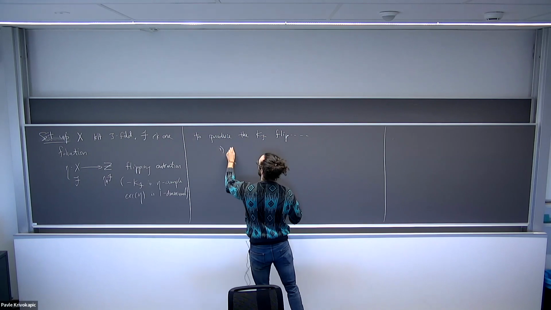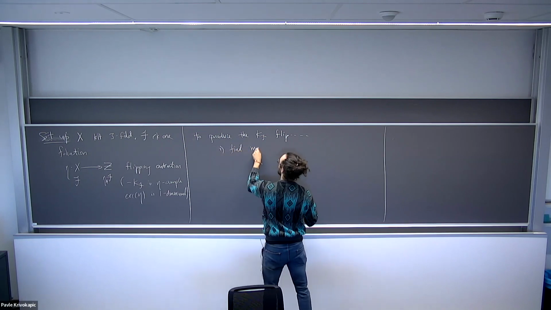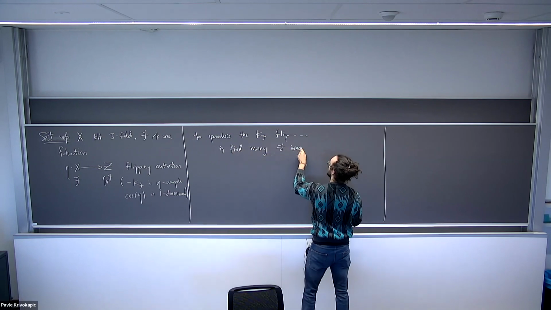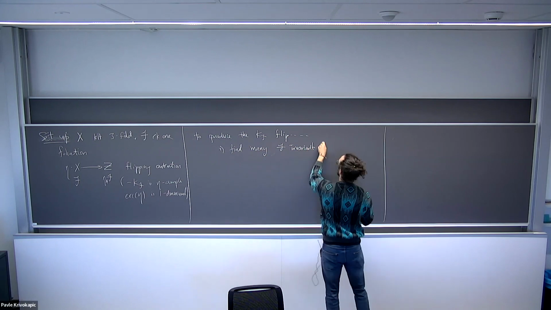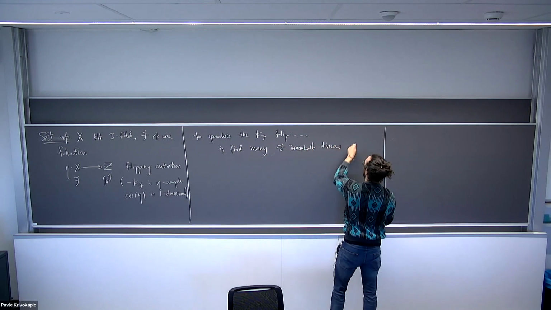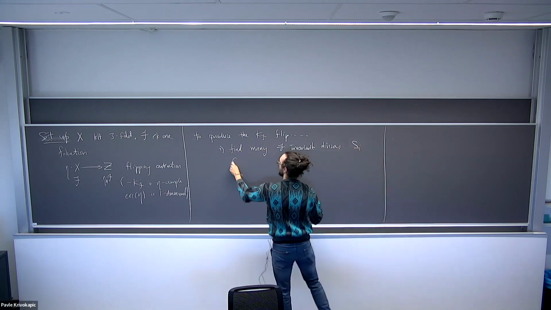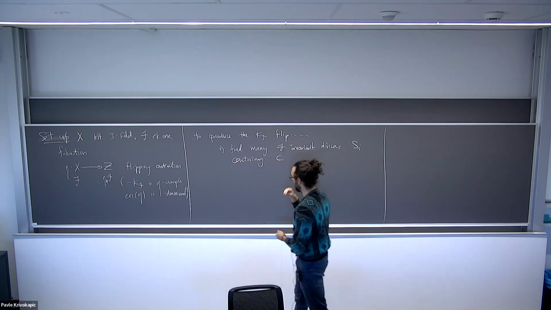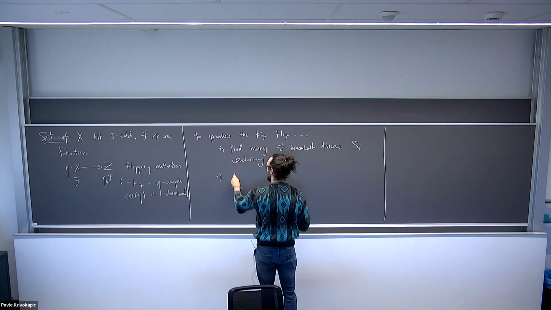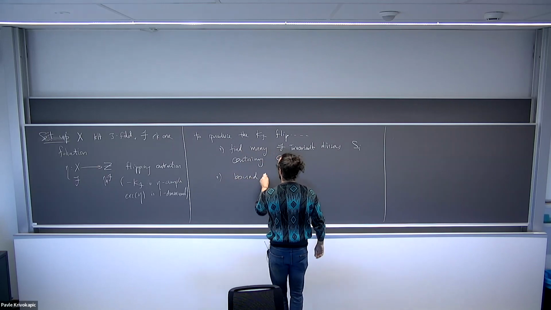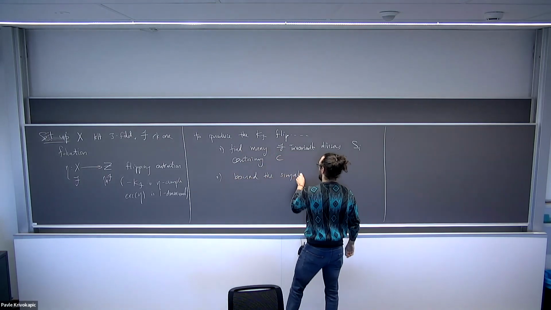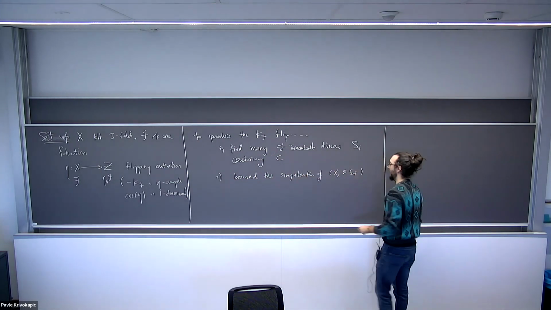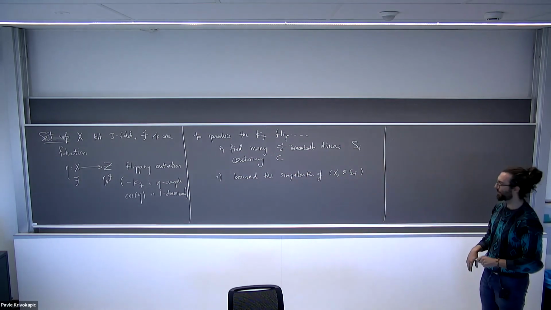First, we wanted to find many F-invariant divisors Si containing C, and then two, bound the singularities of X along some Si, or maybe some perturbation of this, which I'll explain in a bit.